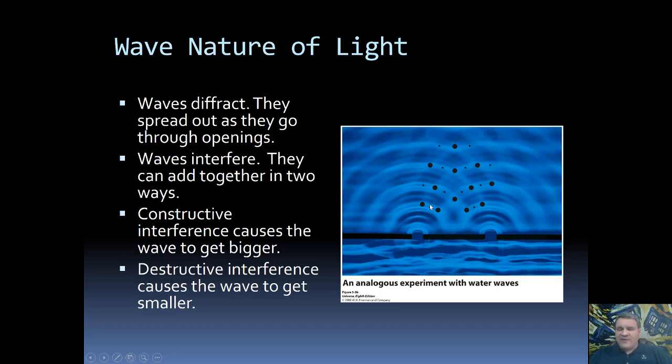Some locations will have crests on top of crests, leading to constructive interference. At other points, we'll have crests on top of troughs, leading to destructive interference. Now, when dealing with light, if we get constructive interference, we add light to light, so we get regions of extra bright light. With destructive interference, we have light against light, which means it's going to subtract.